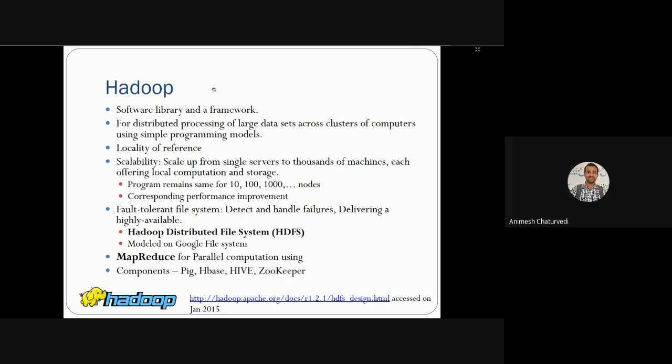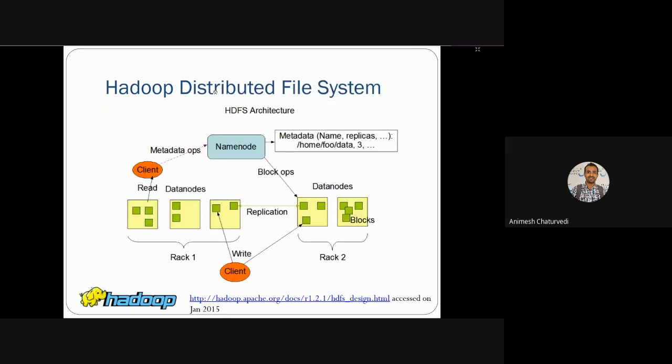Some components of Hadoop are Pig, Hive, HBase, Zookeeper. Then you have the basic architecture. So what does the HDFS architecture say? There is a name node, which is the master computer.